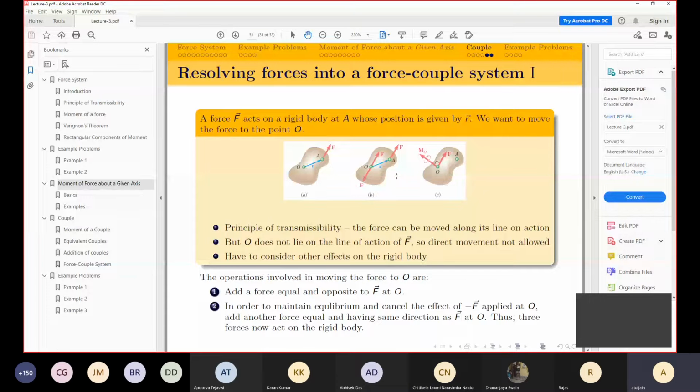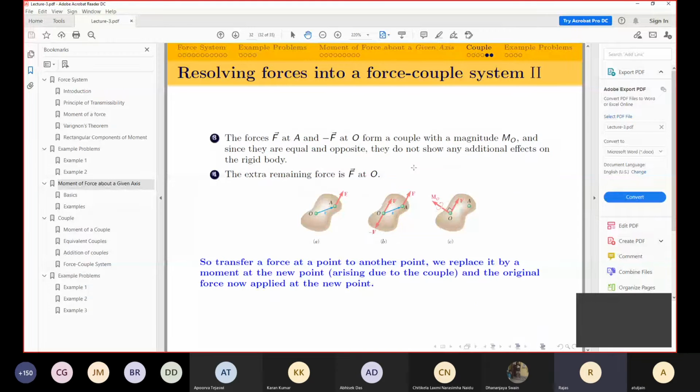So it is F, and I have introduced plus F and minus F. This minus F and this plus F are causing a couple M0. So M0 is perpendicular to the direction of F and to the perpendicular distance between F and minus F.